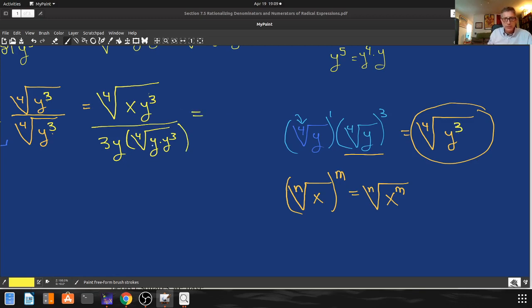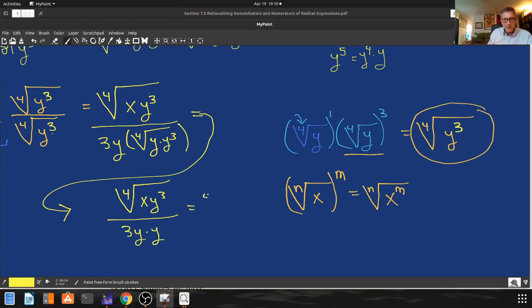So this is equal to, I'm going to bring all of the simplification down to here. There's nothing I can do to simplify the numerator. But this is 3y, and the fourth root of y times y cubed is the fourth root of y to the fourth, which is y.